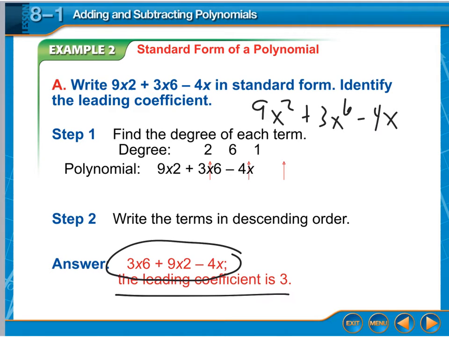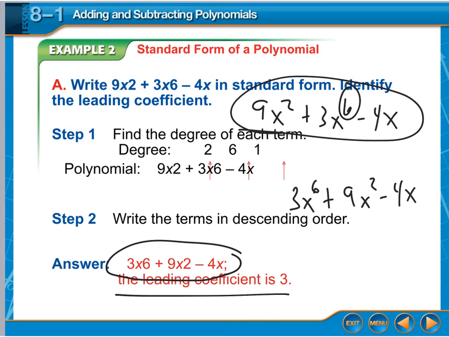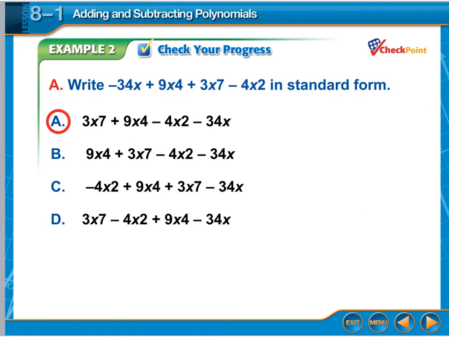Okay, so not a huge deal there. Just put it in the right order. So the biggest exponent goes first, so 3x to the 6th, and then the 9x squared, and then that 4x. Make sure you keep the correct signs, you know, pluses and minuses. Okay, the only minus we had was the 4x, and it didn't even really move, so no big deal. So on this one here, I'm going to rewrite it for you here.